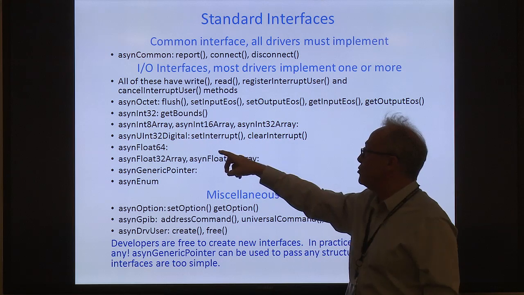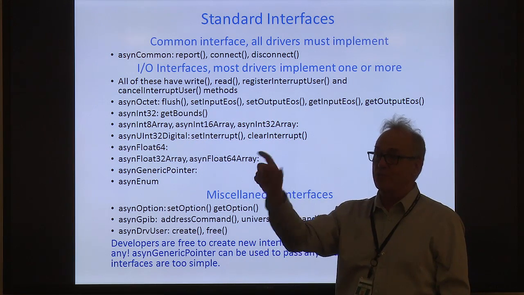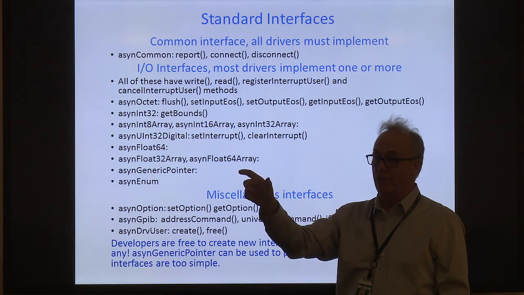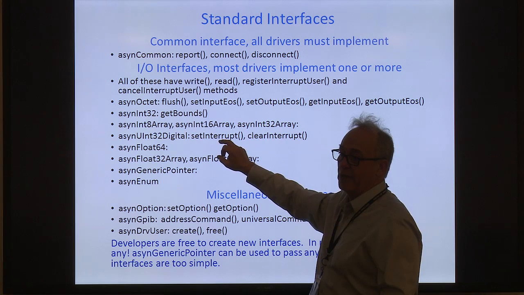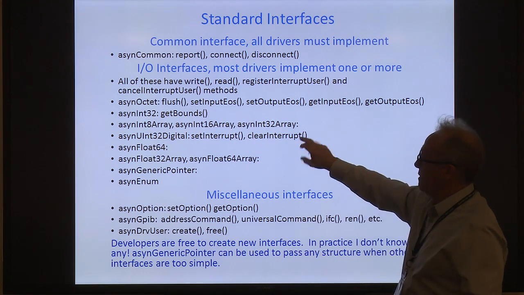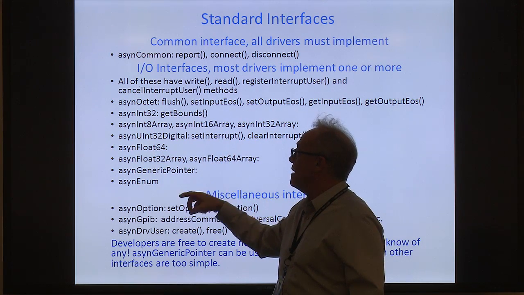When you do a write, you pass not only the value, but a mask, which says which bits are going to be affected by this write or read operation. And then it has a method to say which bits can generate interrupts. There's a float64 that doesn't have any additional methods.